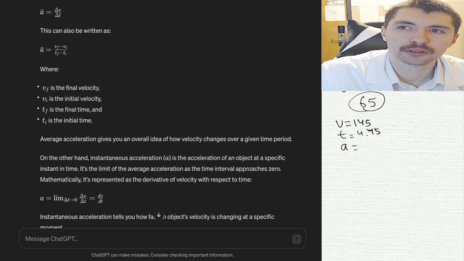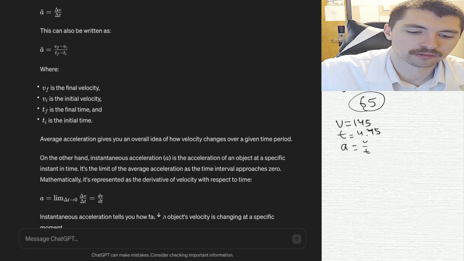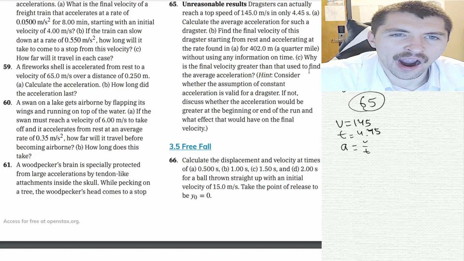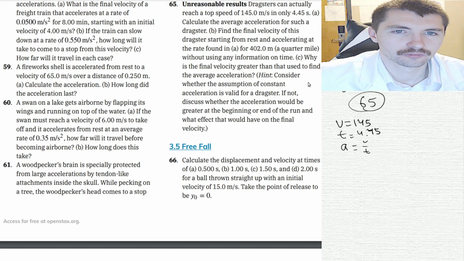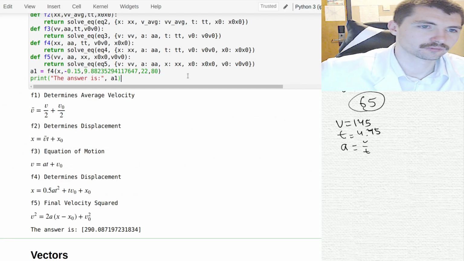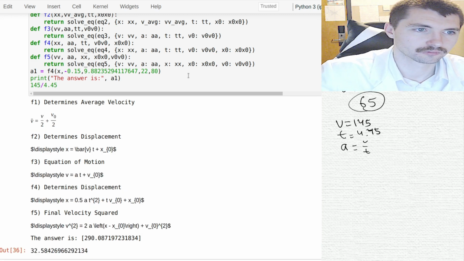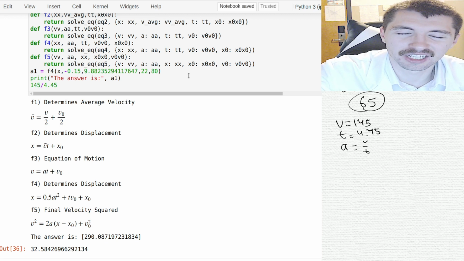Okay, so it's going to be V over T. I mean, wouldn't that just be average velocity though?